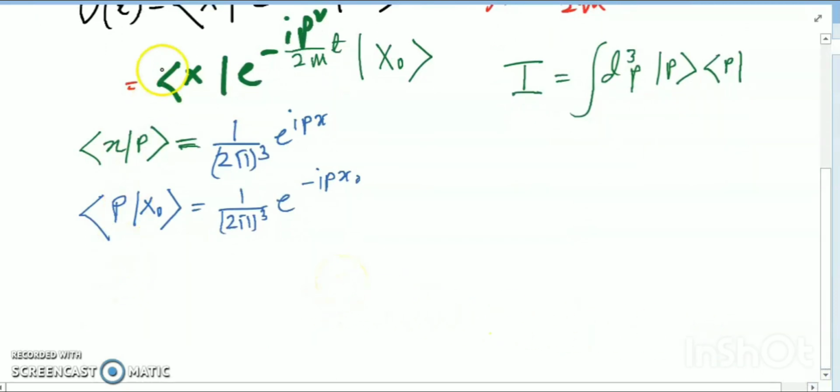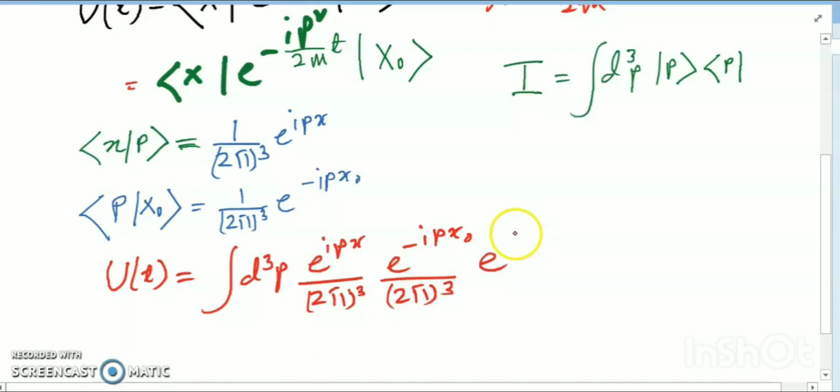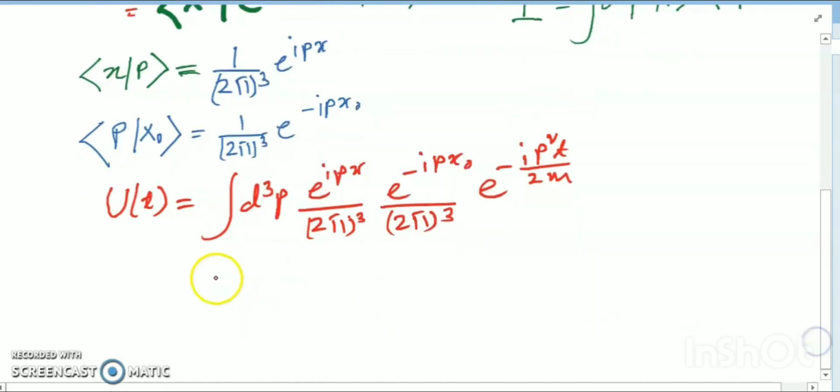And now U(t) is the integral of d cubed p divided by (2 pi) whole cube, e to the power i p (x minus x0), and e to the power minus i p squared t divided by 2m.